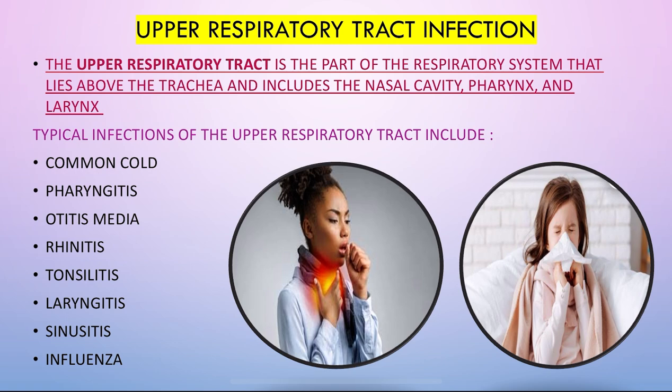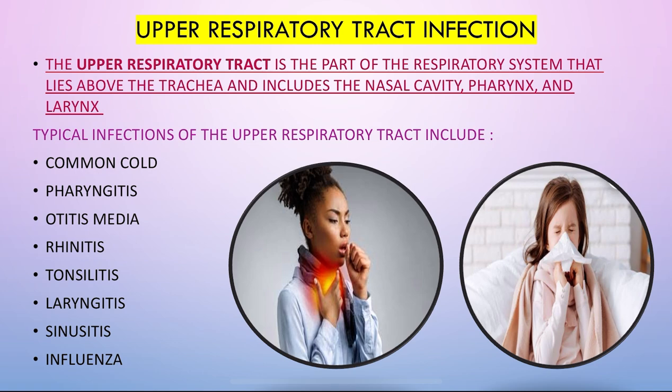And then there is rhinitis. And otitis media, the middle ear infection, is also known as otitis media. Rhinitis is nothing but a medical term for inflammation of the mucous membrane in the nose. The common cold, rhinitis. Then we have pharyngitis, tonsillitis, laryngitis, sinusitis, and influenza.